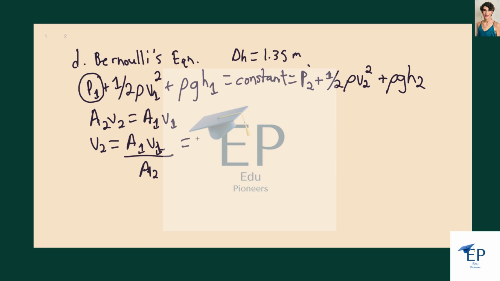So here it would be A sub 1, we could say this is 2 centimeters squared, times that 6.5 that we found earlier, divided by the cross-sectional area of that second section, 8 centimeters squared. This is going to give us 1.625 meters per second.